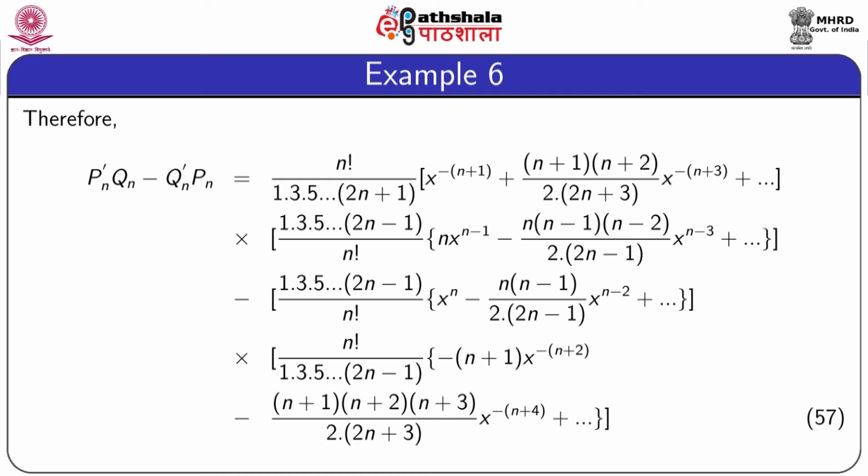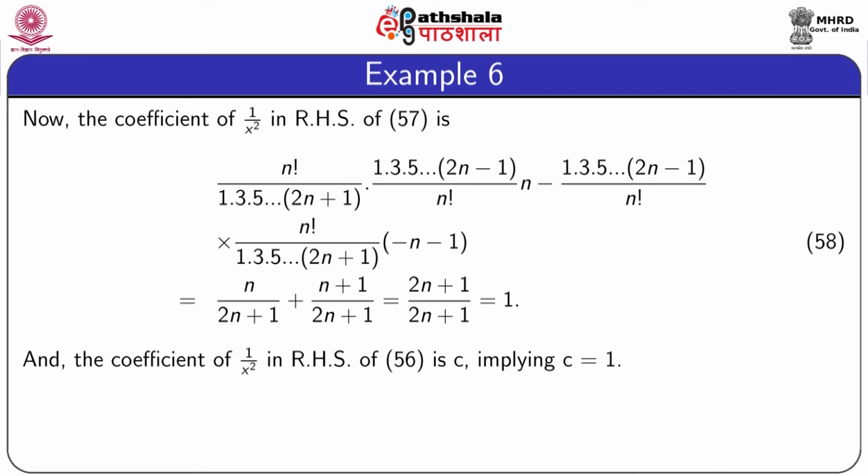And if you find the coefficient of 1/x² in the left hand side of 57, it is given by n! / (1.3.5...(2n+1)) into (1.3.5...(2n-1)) / (n!) into (n-1) ..., and if you simplify that, you will get the value 1, and hence the coefficient of 1/x² in the right hand side of 56 is c, implying that c is equal to 1.